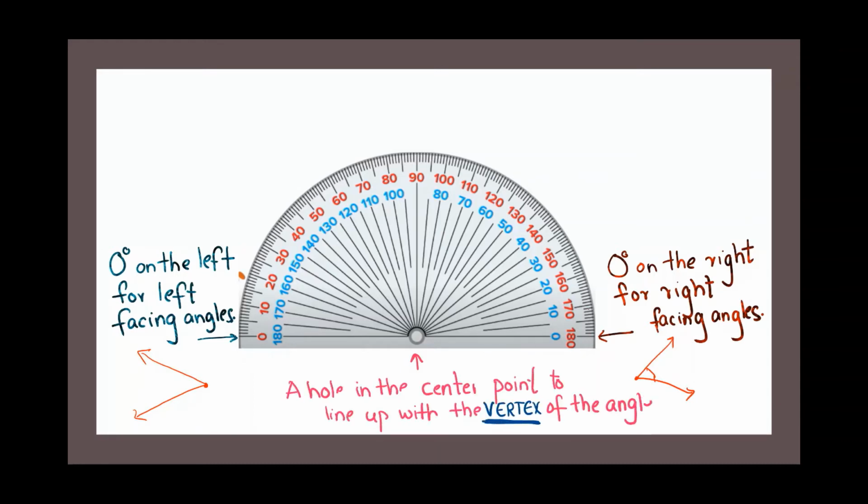Now, the middle hole, as you can see here, a hole in the center point, is to line up with the vertex of the angle. Now, if you have a vertex in an angle, you will place it here in the middle. I will explain it to you.